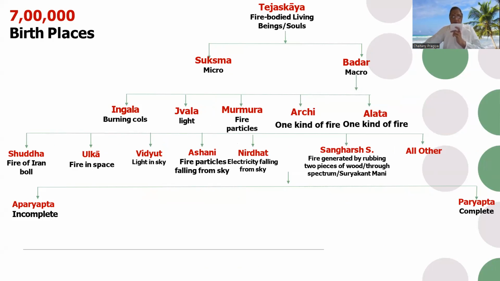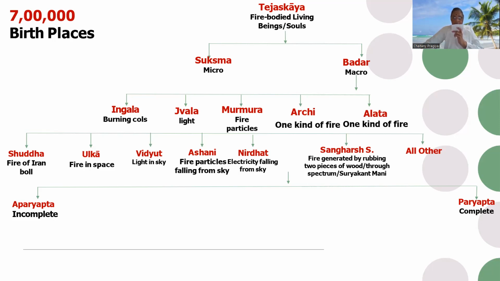In the previous talks, we have discussed the non-living elements, both physical and non-physical types. In the second lecture, we have covered some of the living beings, especially those who are liberated.